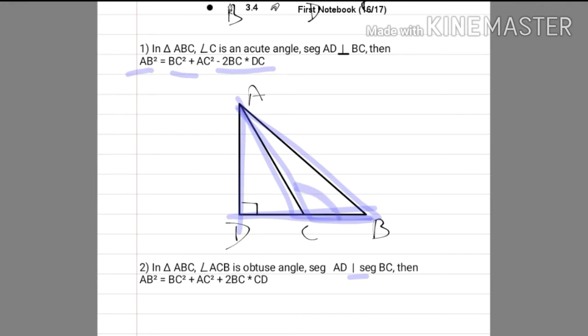So the opposite side is AB. We will get the relationship between the opposite side of the angle and the remaining two sides. So this is the thing we get, that is AB square is equal to BC square plus AC square plus 2BC into CD. Now remember, it is minus here and it is plus here.